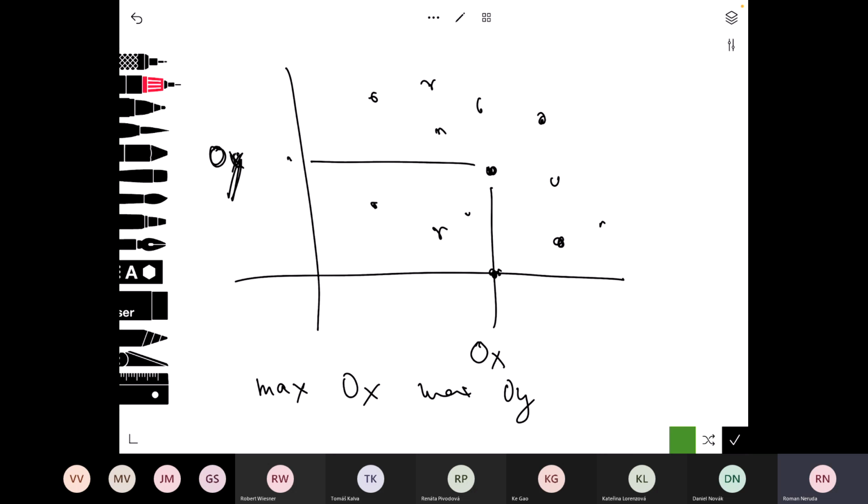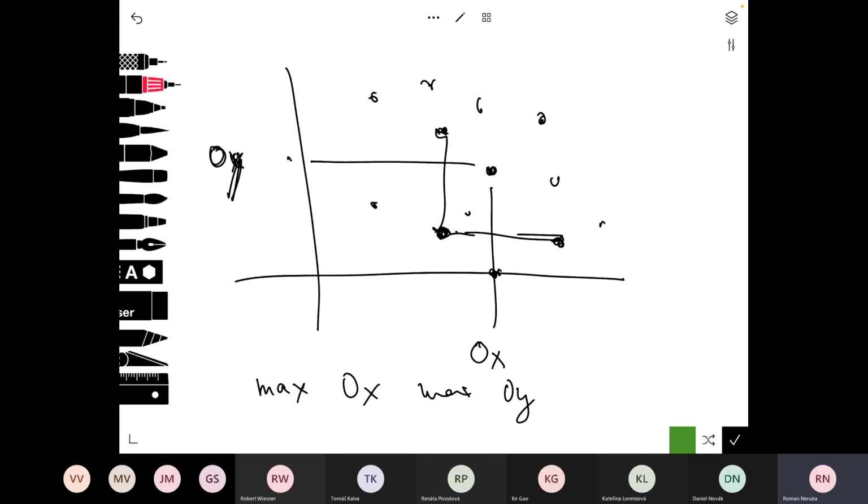If I ask you, is this guy optimal? So you say no, probably not, because we have solutions that are better in OX, and we have solutions that are better in OY, right?